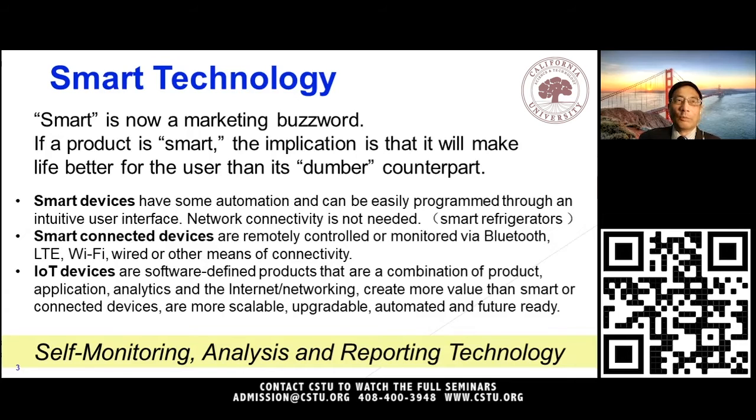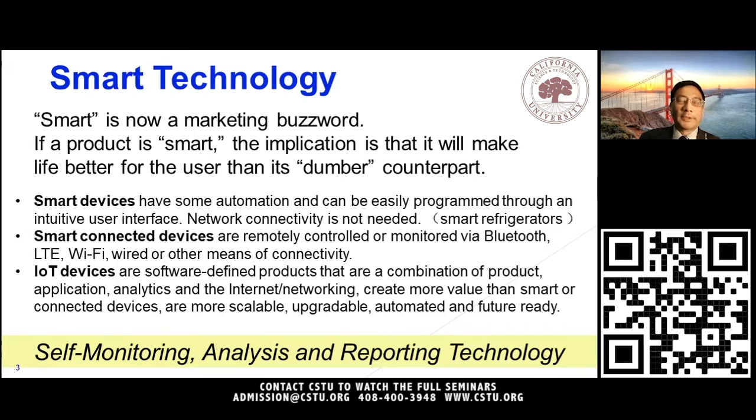We try to make a product smart. That means it's better in usability, better in performance, better in a lot of aspects than its counterpart.